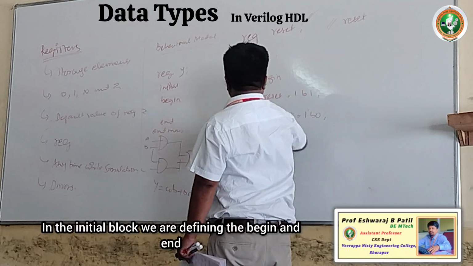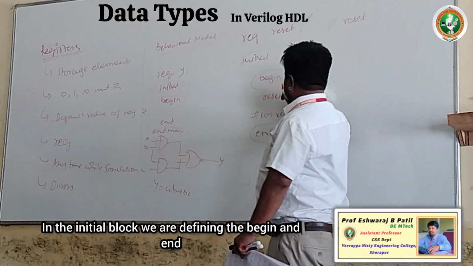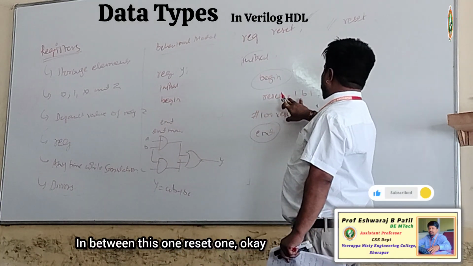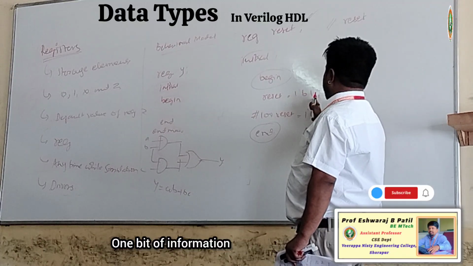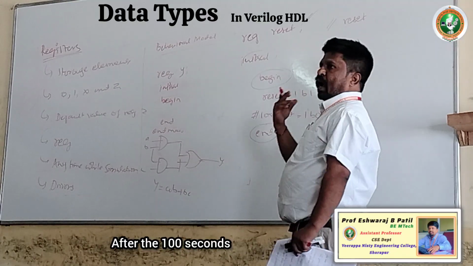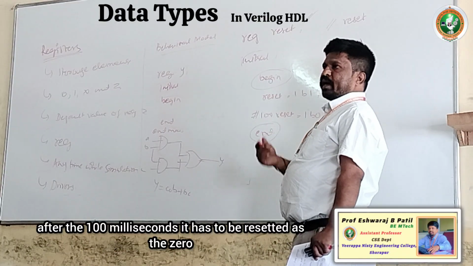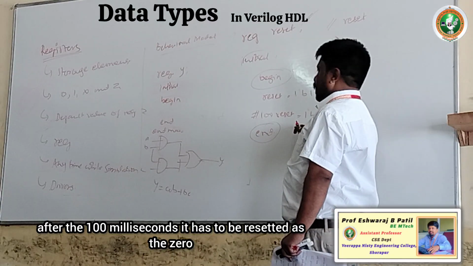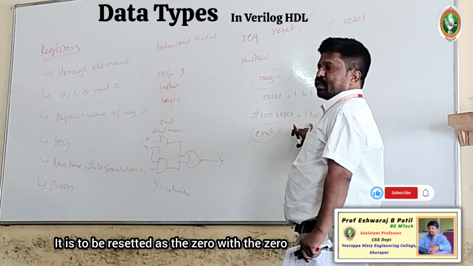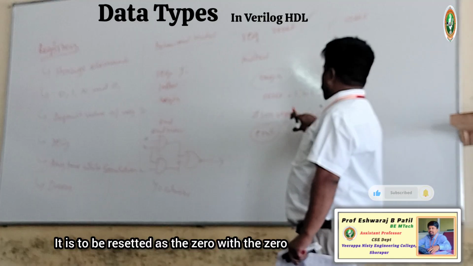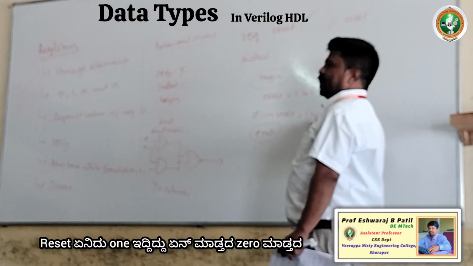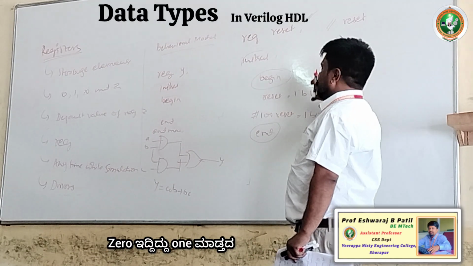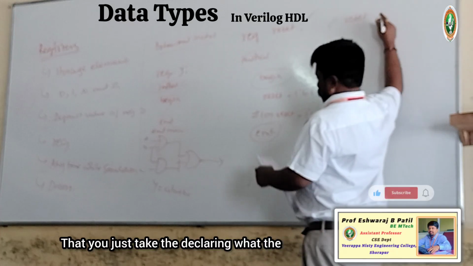In between this, reset 1. Okay, 1 bit of information, that is the 1. After 100 milliseconds, it has to be reset as 0. Reset means if it is 1 it becomes 0, and if it is 0 it becomes 1.